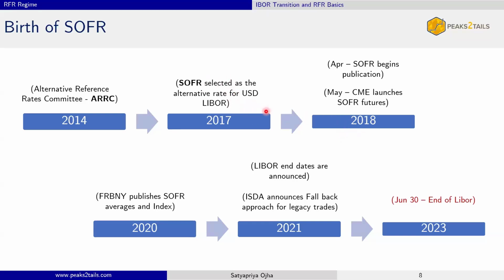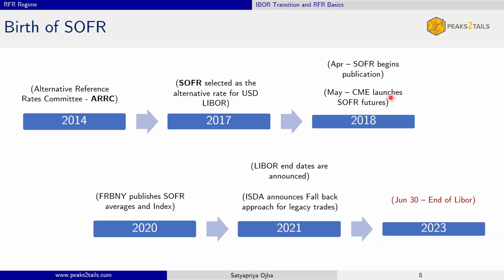So once SOFR was selected, we need a market for SOFR, right? SOFR is new. I'll tell you how SOFR was calculated, but it was not available for the general public to create contracts around it. So the Chicago Mercantile Exchange (CME) started to launch SOFR futures. Okay, 1 month and 3 month SOFR futures.